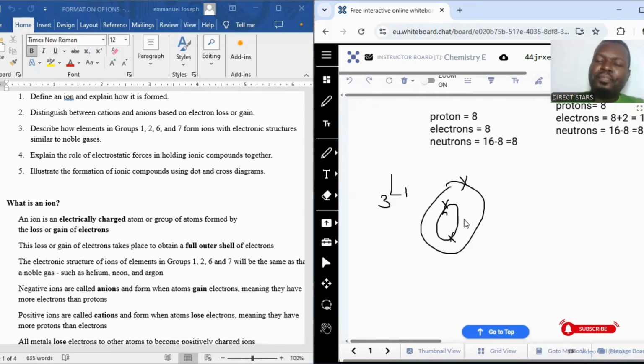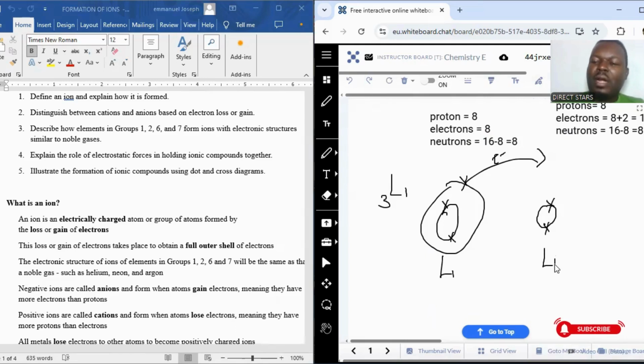So that is where cation formation comes into play. So this is the atom for lithium, but when it decides to give away this electron, it forms this.